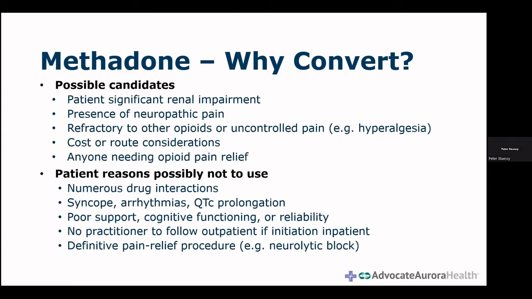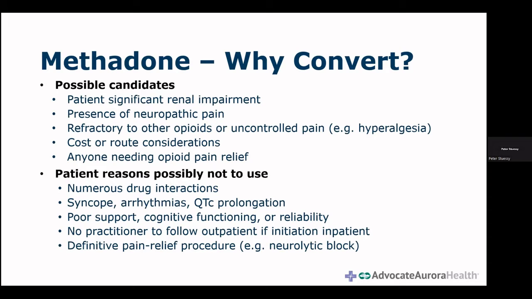So why would we want to convert? What are some possible candidates for methadone conversion? One of the aspects of methadone is that it's primarily hepatically metabolized, very, very insignificantly renally. So patients with renal dysfunction might be good candidates.